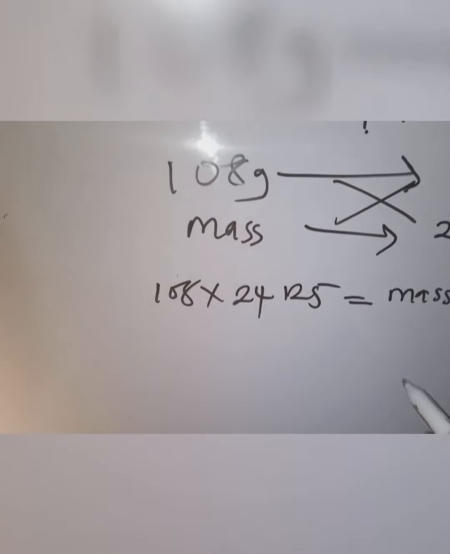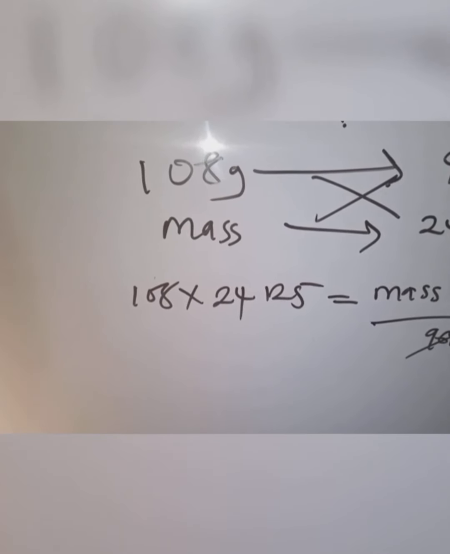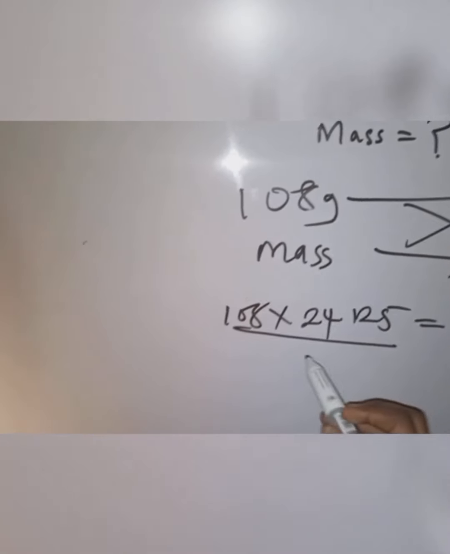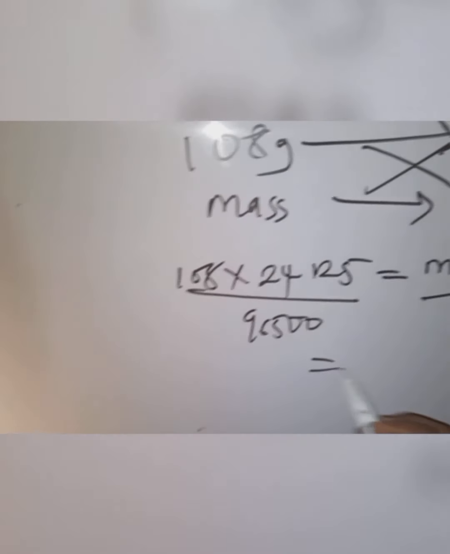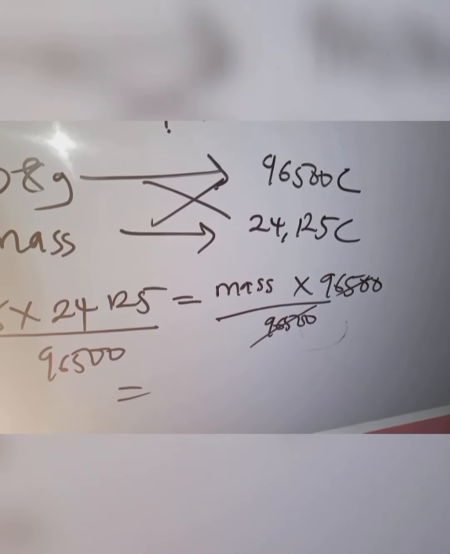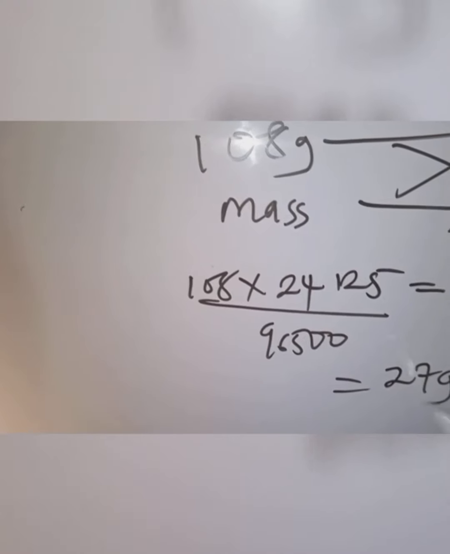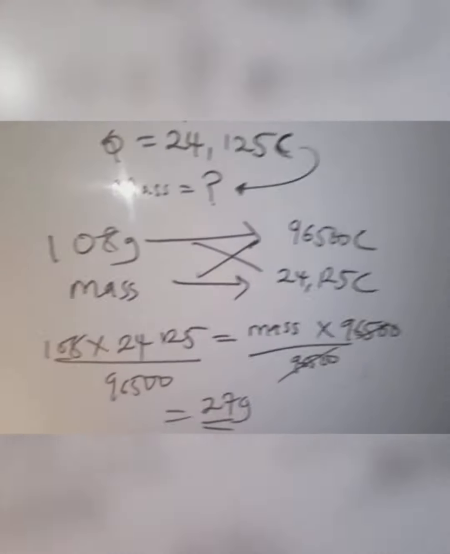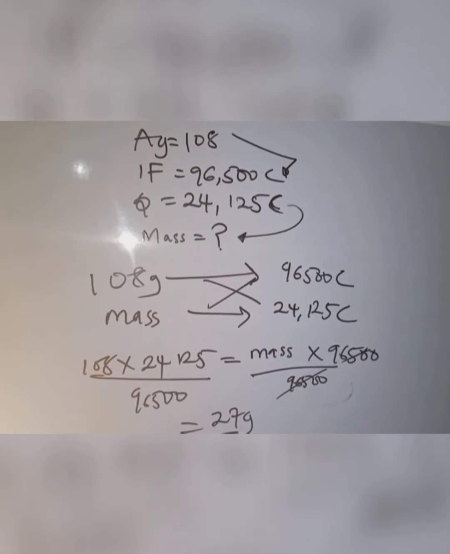So you divide both sides by 96,500. And if you use your calculator, your answer will give you 27 gram. So this is how to solve this. Our answer is 27 gram.